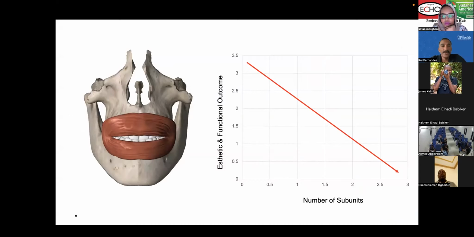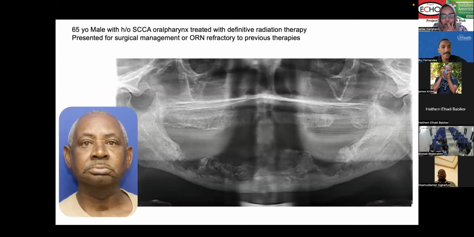This patient presented to me is a young man, 65 years old. He had radiotherapy and then subsequently developed osteoradionecrosis. But when you look at him on this panoramic radiograph, you can see that the disease extends all the way from one side to the other side. We planned for him a virtual guided resection.